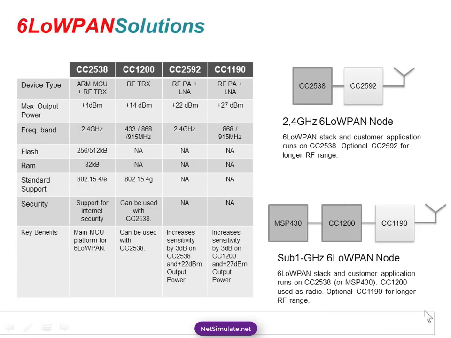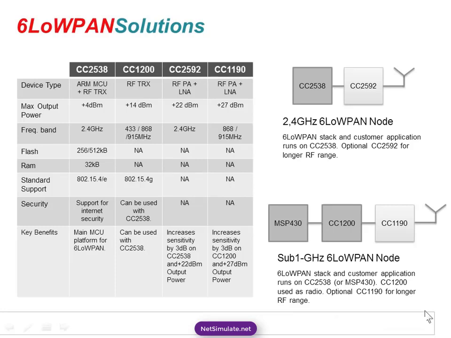Now that we understand the applications, let's dive deeper into some of the products. The most popular wireless MCU from TI used for 6LoWPAN is the CC2538. It can be used standalone for a 2.4 GHz operation or with the CC1200 for a sub-1 GHz operation.